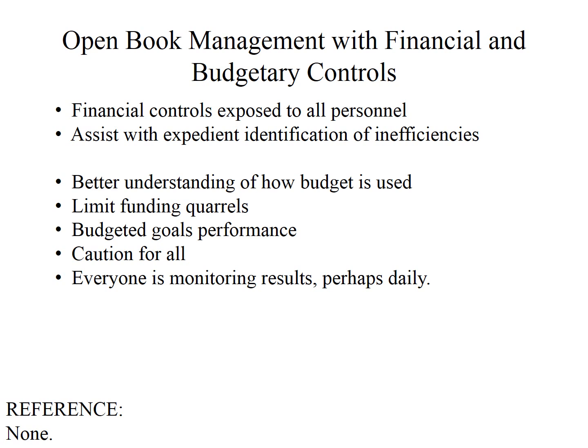And it's caution for all, just another way to help slow inefficiencies. If the budget is running out in one department, they're able to flex it from a department that's doing better than the next. And then everybody's always monitoring these, whether it's daily or monthly.